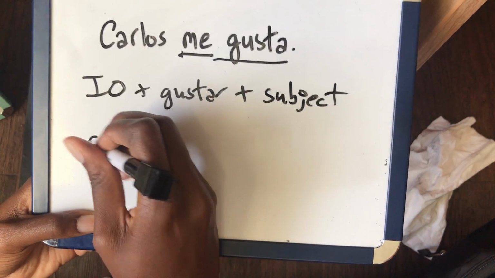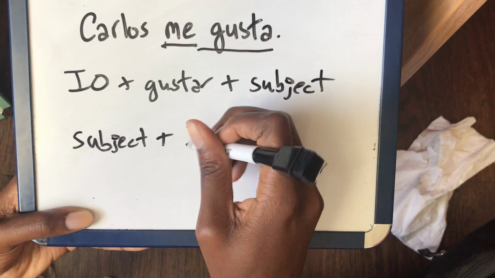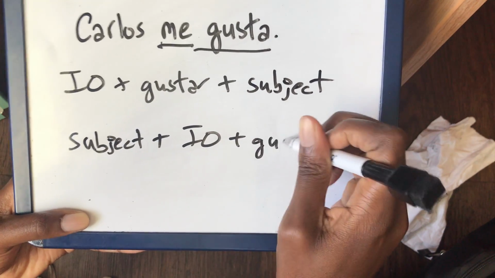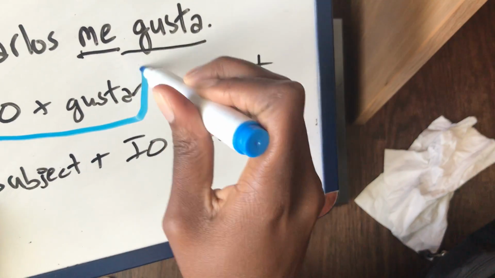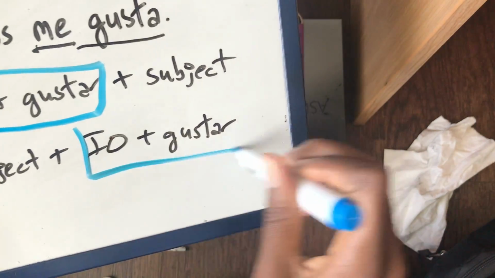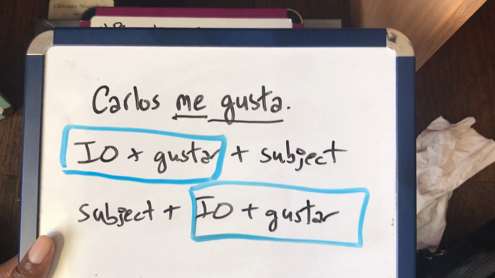So it can be subject plus indirect object plus gustar. The things that are hinged together are the indirect object and gustar. This is a unit, and this is a unit. So Carlos me gusta is just as grammatically correct as me gusta Carlos. Okay?